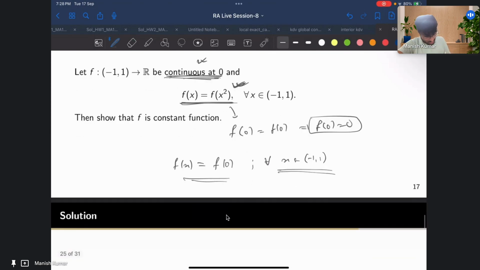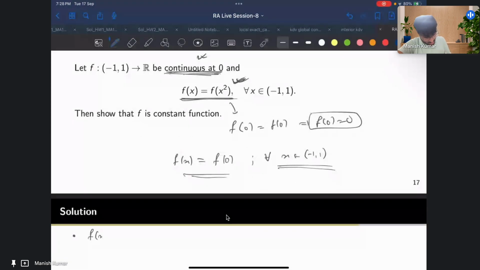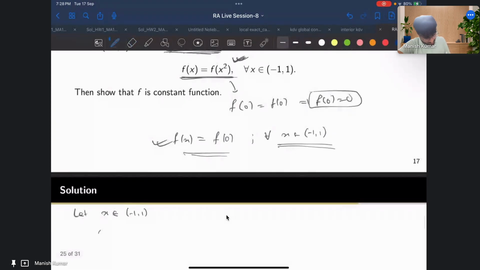So what you have been given is, I have to prove this thing. Let x belong to (-1, 1). Then it says that f of x is equal to f of x square, right?